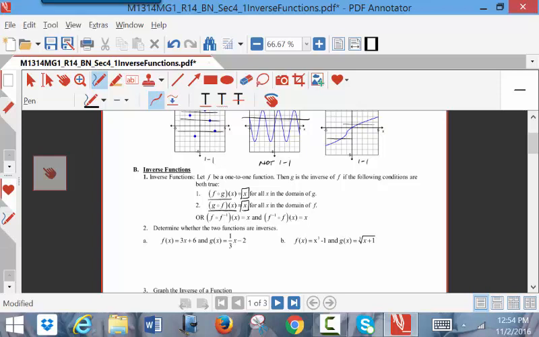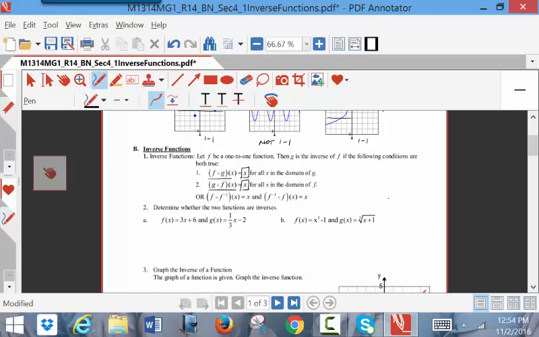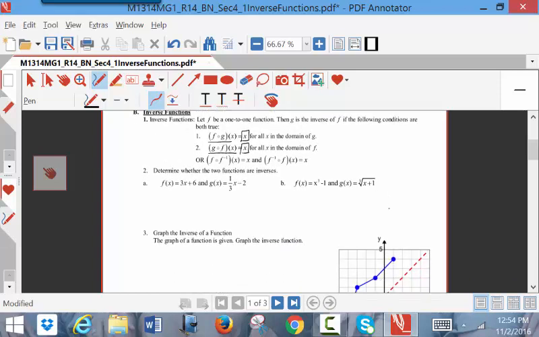So to prove that two functions are inverses of one another, we do the composition both directions, f composition g and g composition f, and they both have to algebraically turn out to equal x. So you'll see a question here that says, okay, you got a couple of functions here, are they inverses of one another? And the only way you can prove it is by performing the composition.